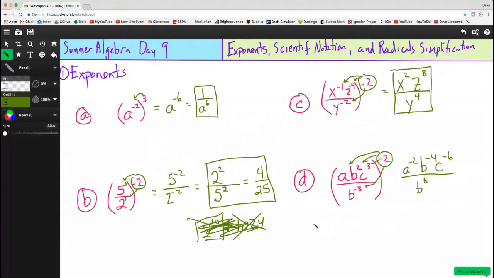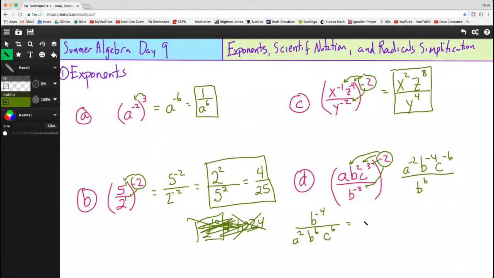So let's do that. We have b to the negative 4 over a squared b to the 6th c to the 6th. Well, now we can do two things here. We could use our power rule if we wanted to, or we could just move our b to the bottom. Let's try moving our b to the negative 4 to the bottom without using our quotient rule.